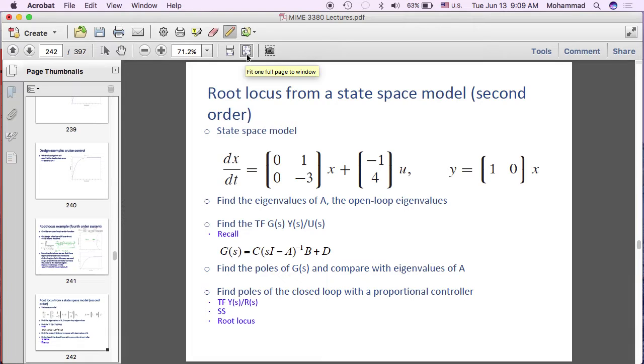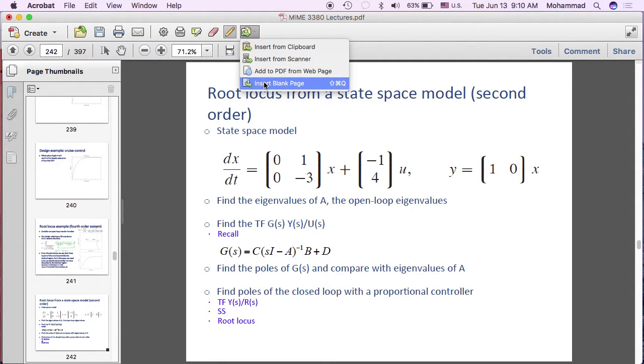So I want you, as the first step, to find the transfer function. The formula is on the board. So go ahead and apply this formula and find the transfer function of the system between input R and output Y for the open loop, and then we will find the closed loop together.